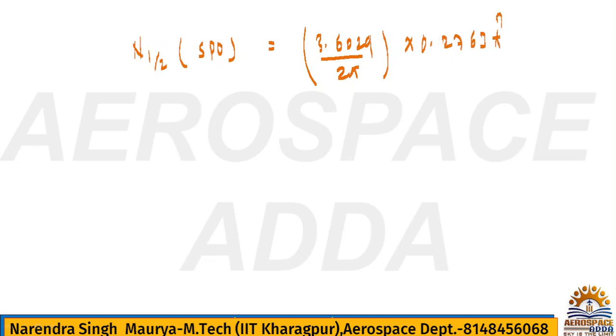Once you solve this, you get the number of cycles to half for the SPO, the short period oscillation, as 0.1584 T cap. Remember, T cap is also a function.